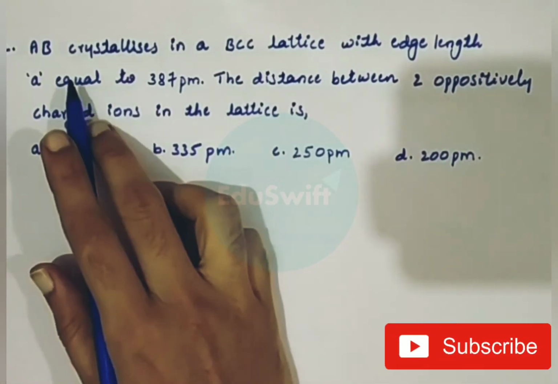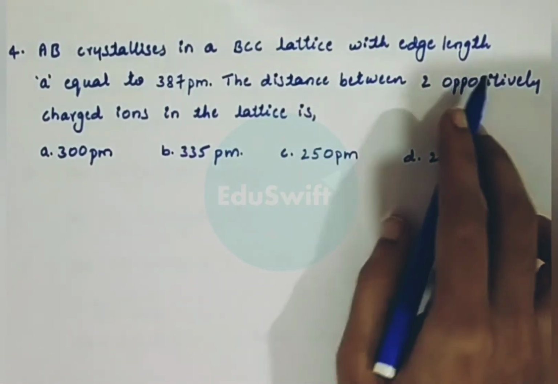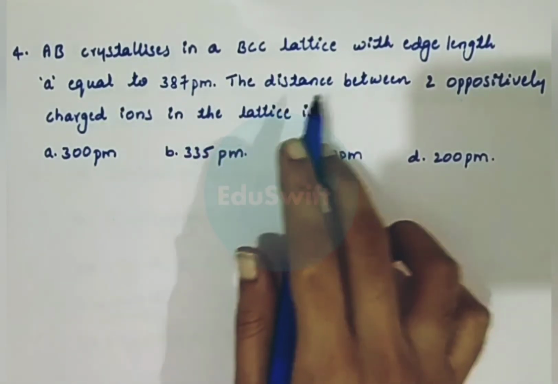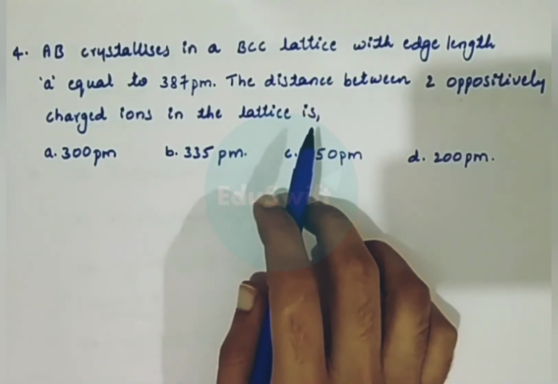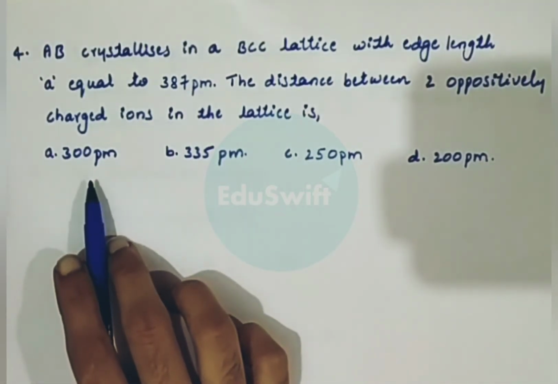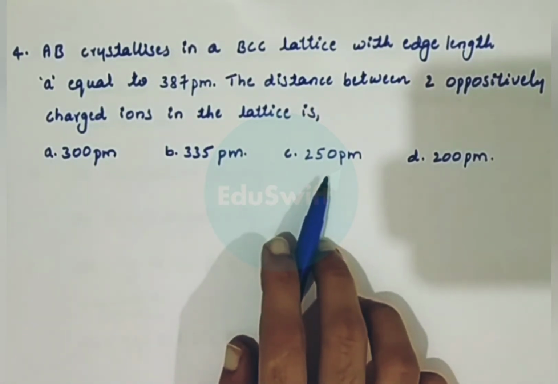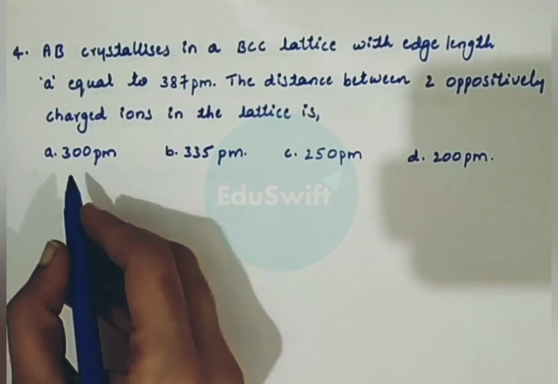Next question. AB crystallizes in a BCC lattice with edge length a equal to 387 picometer. The distance between two oppositely charged ions in this lattice is option A 300 picometer, B 335 picometer, C 250 picometer, and D 200 picometer.